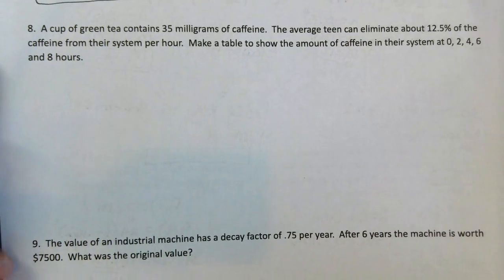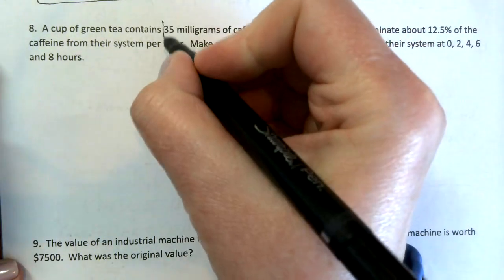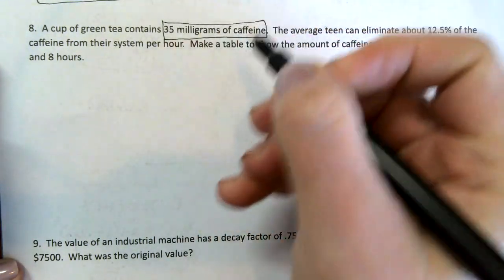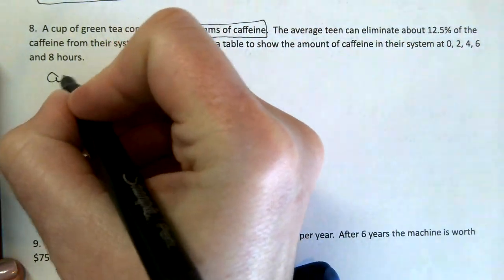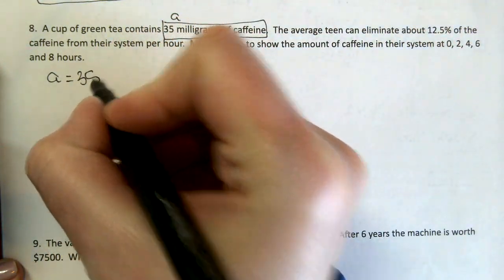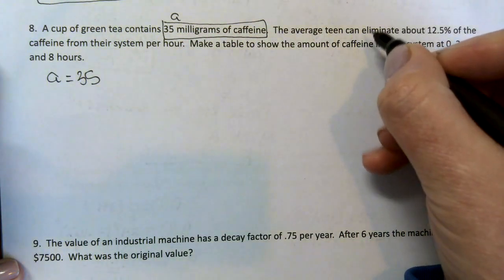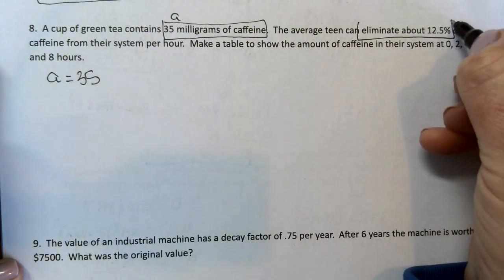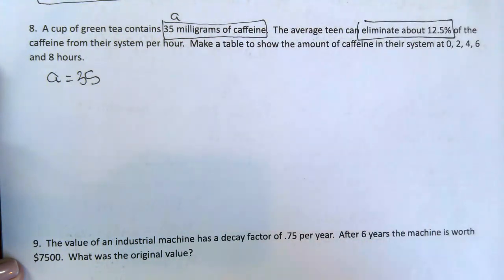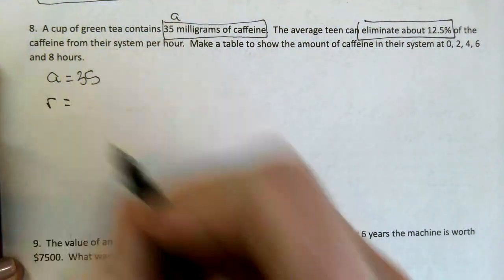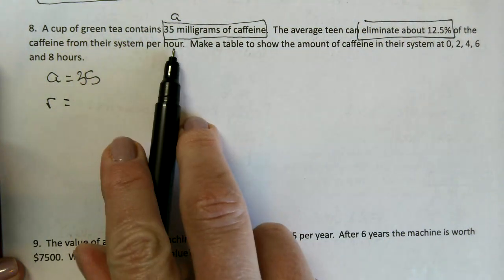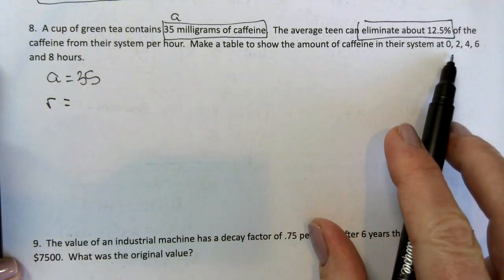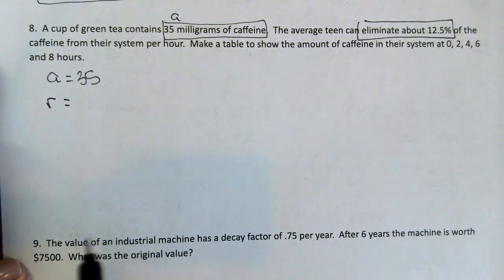A cup of green tea contains 35 milligrams of caffeine. That sounds like an initial amount. The average teen can eliminate about 12.5% of the caffeine from their system per hour. Make a table to show the amount of caffeine in their system.